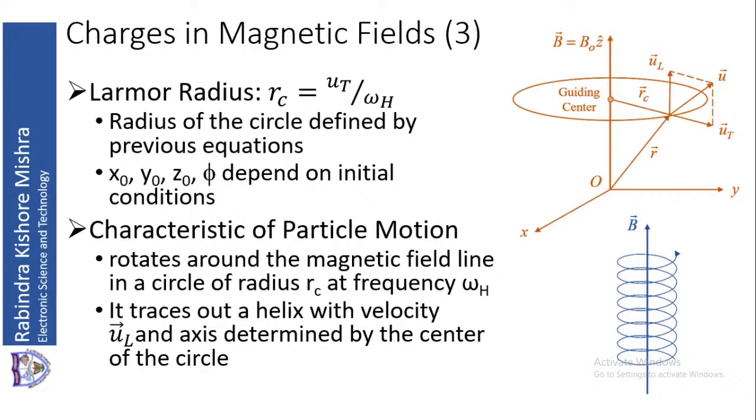So it will trace out a helix with velocity ul, moving in the z direction with velocity ul, and its axis is always the z axis. So the center of the circle is always along the z axis, and the axis is determined by the center of the circle. If it is not along the z axis, it can be in any direction. Then also it will describe a helical path, and the axis of the helix will always be determined by the center of the circle.